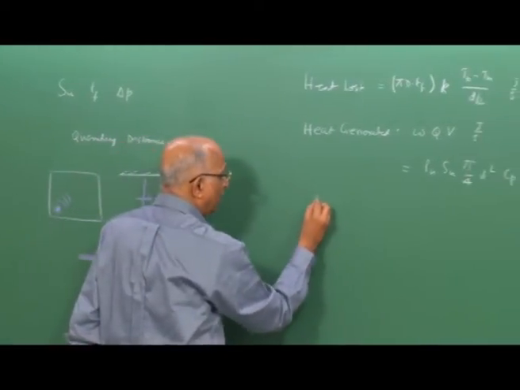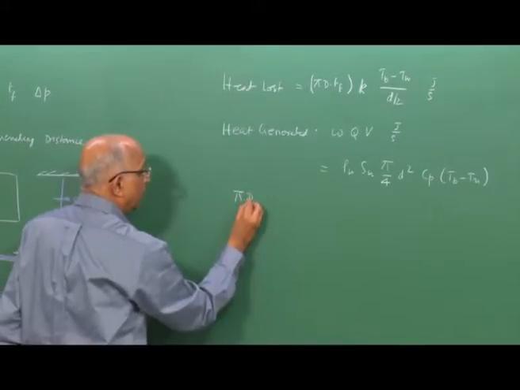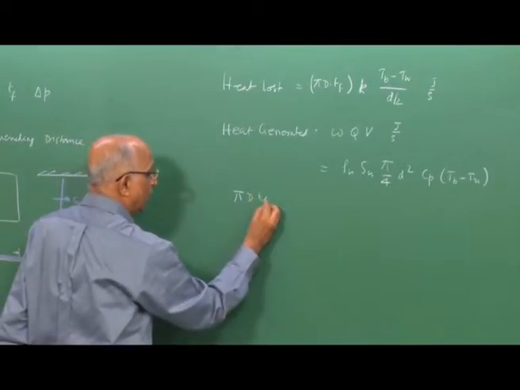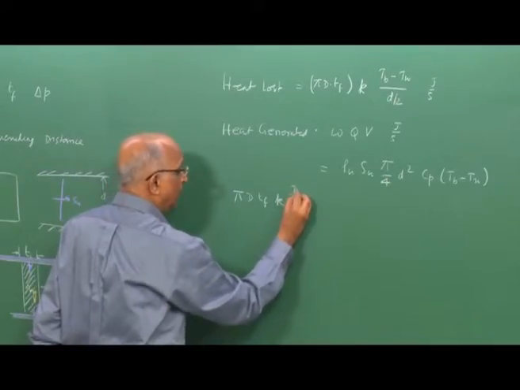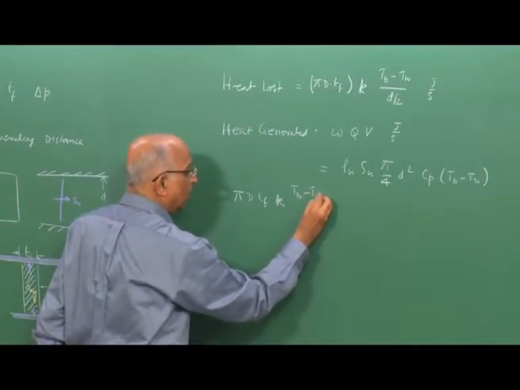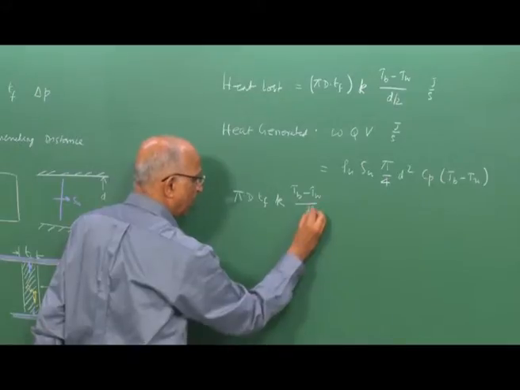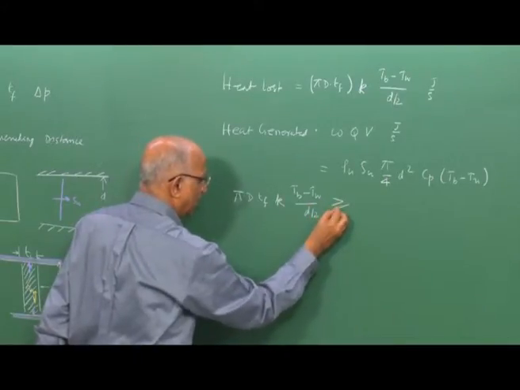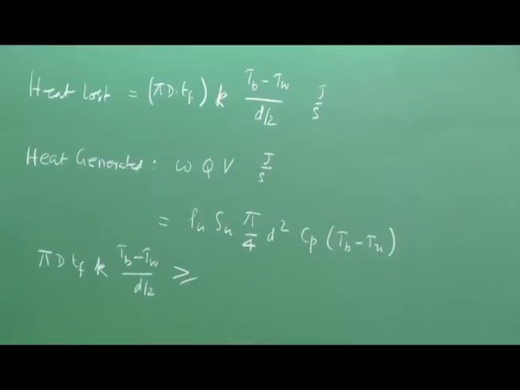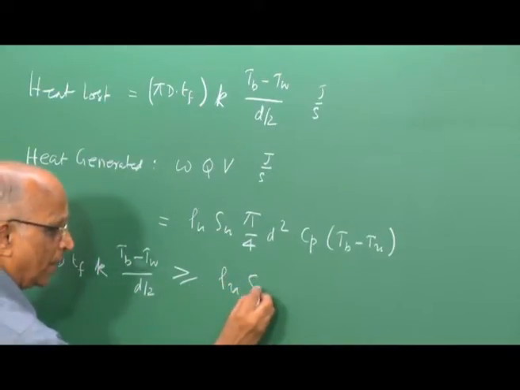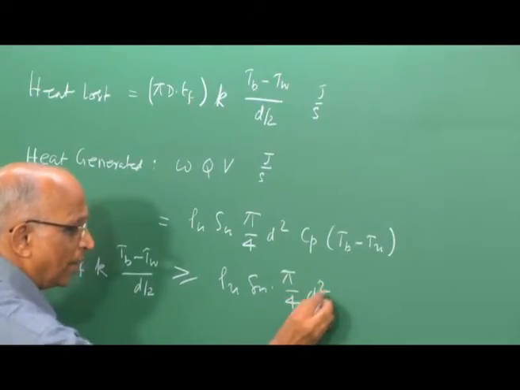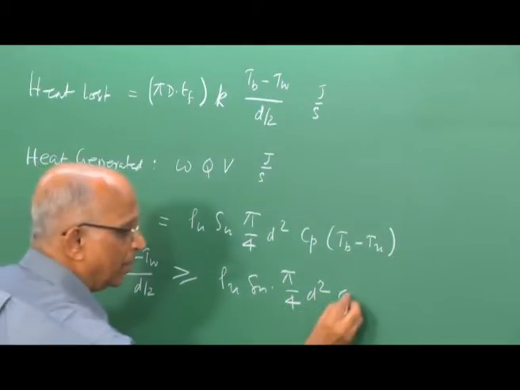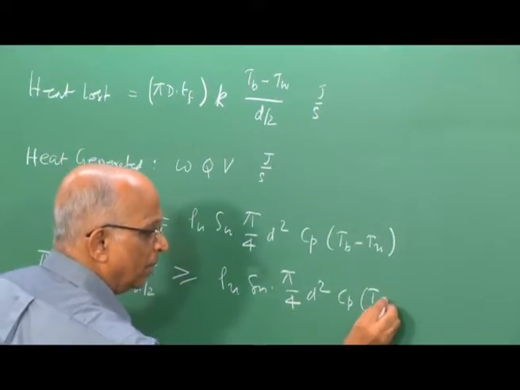I have the condition: pi d into Tf, this is the area, into the thermal conductivity, into Tb minus Tw, that is the wall temperature, divided by d by 2, must be greater than or equal to the heat generated, which is rho u Su into pi by 4 into d square into Cp into Tb minus Tu.